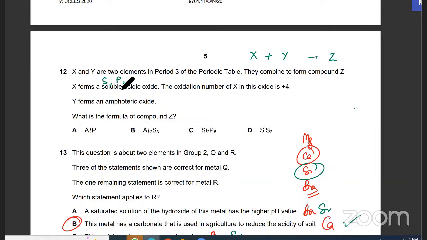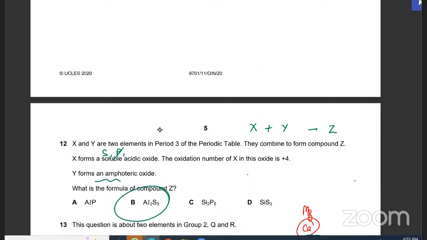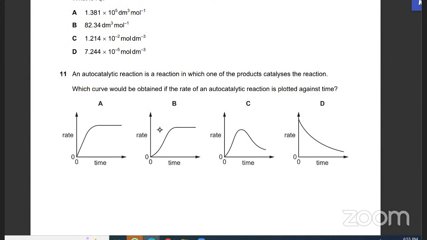Sulfur will have an oxidation number of +4, so P goes, because sulfur is +4, right? Y forms an amphoteric oxide. That makes sense. B is correct. There's only one amphoteric oxide, that's aluminium. But this one is wrong because +4 is sulfur. So we're done with this.